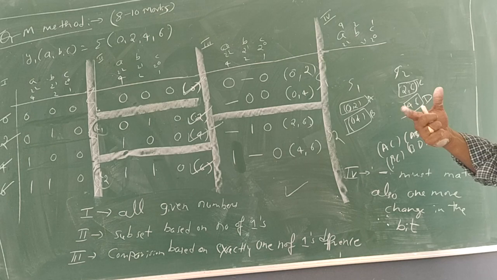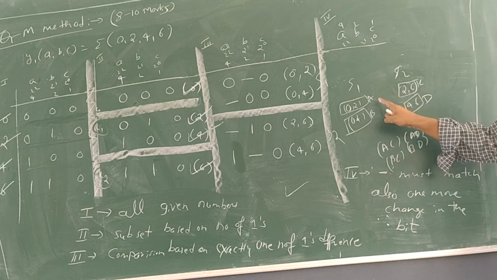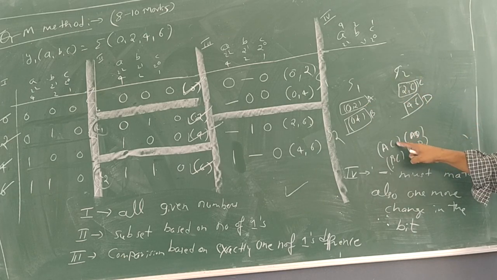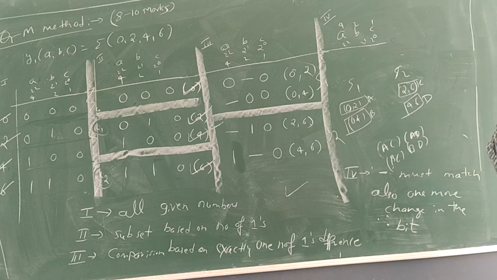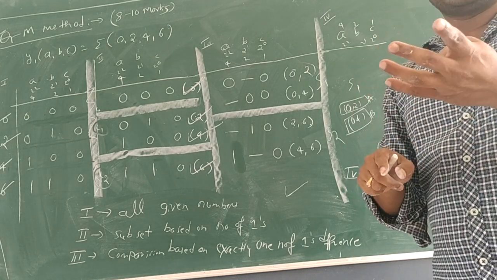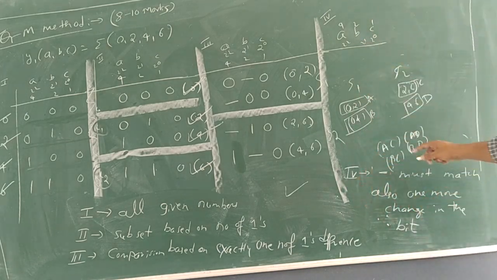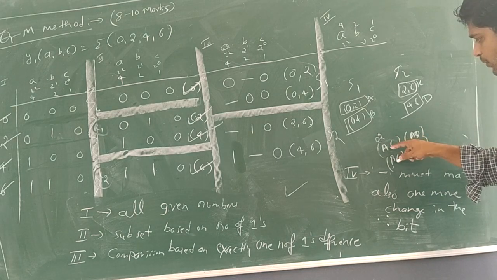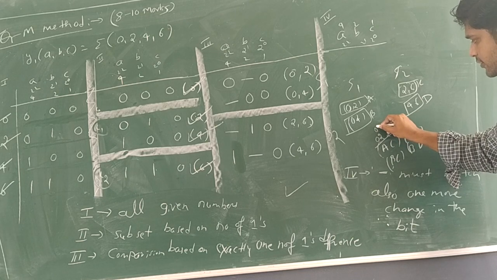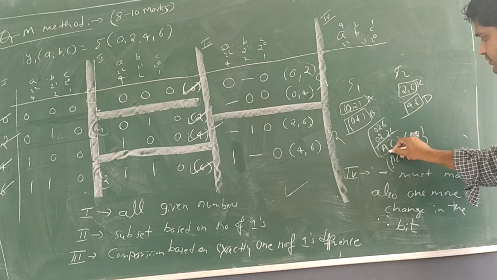So what will be the full term? A means 0 2. C means 2 6. So AC means 0 2 2 6. So 2 is repeated, so 0 2 6. I will write here: A means 0 2, C means 2 6. Hence AC means 0 2 and 6.